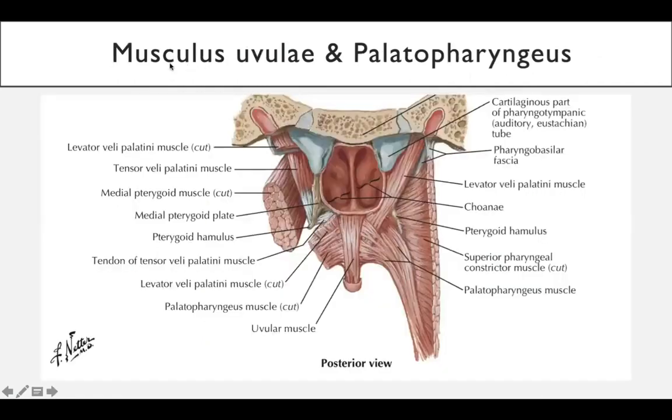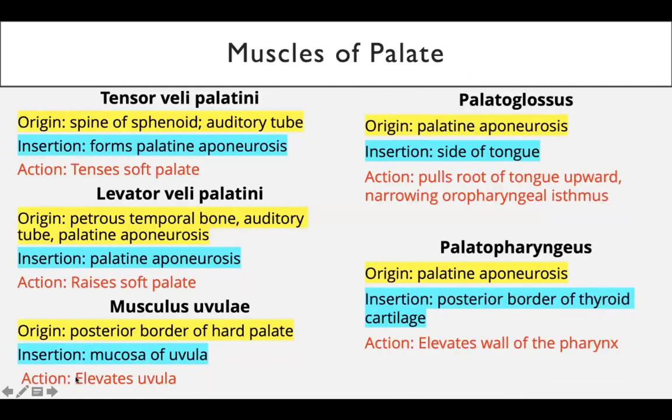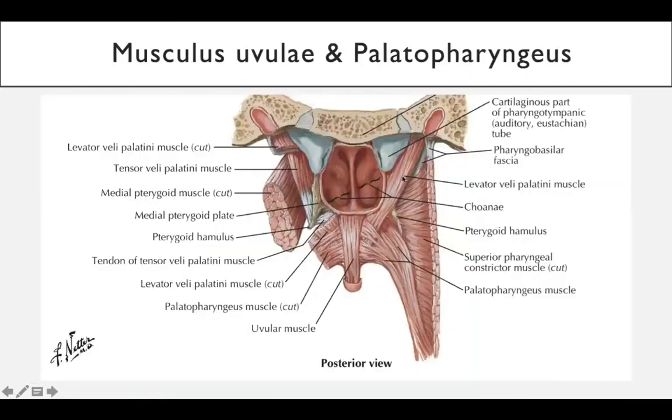Okay, so next is musculus uvulae and palatopharyngeus. Okay, why not that palatoglossus thing? Okay, maybe we already know a lot of this. So, okay, let's cover these two first: musculus uvulae and palatopharyngeus. No problem. So where are you? Musculus uvulae, you should be here. Yes, uvular muscle, this muscle. How is it enclosed?